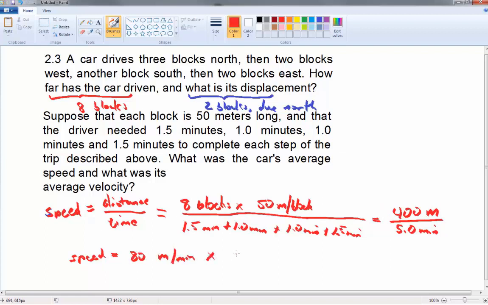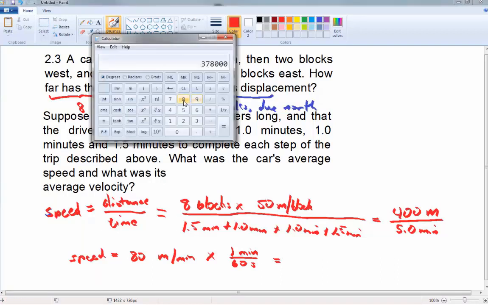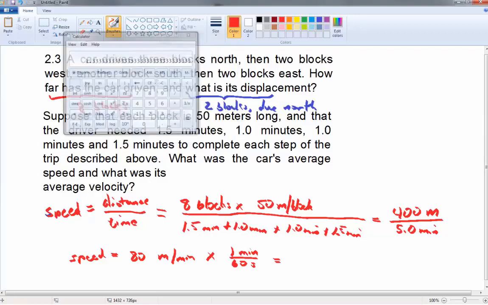And then we could even convert this into meters per second by multiplying by 1 minute over 60 seconds to get rid of the minutes. And so you end up with 80 divided by 60, or 8 over 6, which will give you the same answer, namely 1 1/3.